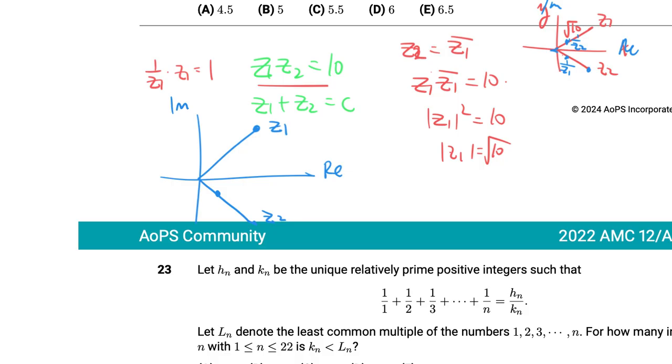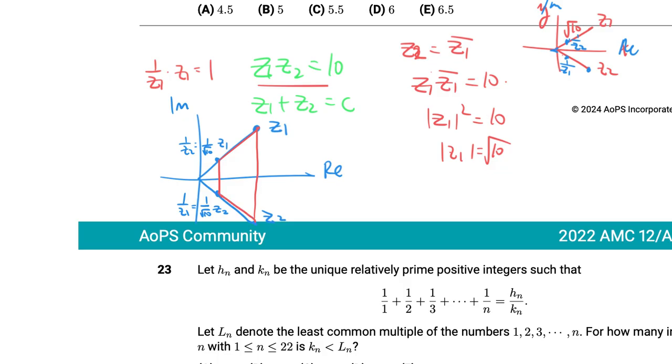So 1 over z1 is actually equal to 1 over root 10 of z2. And here we would similarly have 1 over z2 is equal to 1 over root 10 z1. So this is how this actual quadrilateral looks.